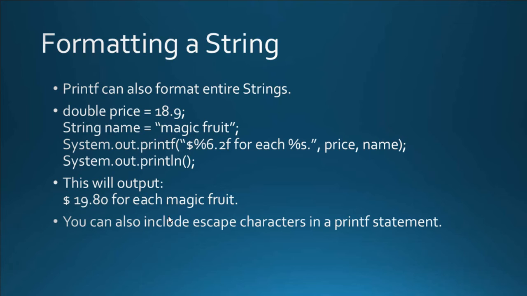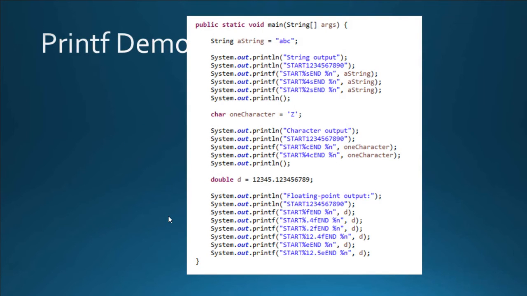You can also use escape characters in a printf statement. Here's our print demo. Here I have public static void main(String[] args), and you can see in here I have a simple string, just ABC. I'm going to say System.out.println(string output), then System.out.println("1234567890"). System.out.printf("start %s end %n"), then "start %4s end %n", and here's %2s and then %n.